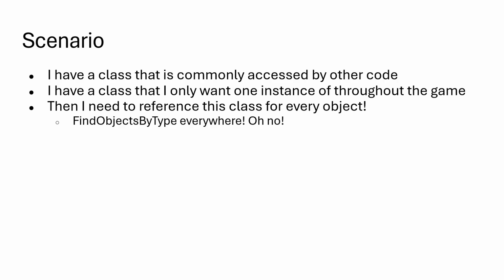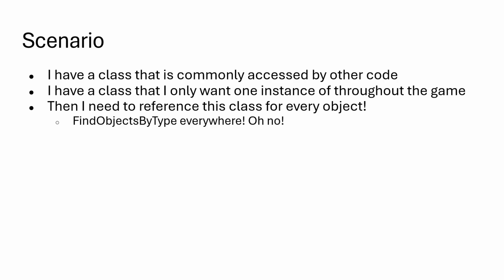But then I have a lot of classes, and I need to reference this class in all of them. And in a more poorly designed scenario, you're just going to do find objects by type and look through all the objects to find that one single object in the scene that has this class attached to it.